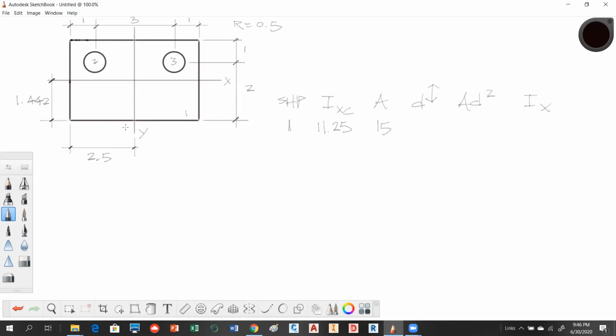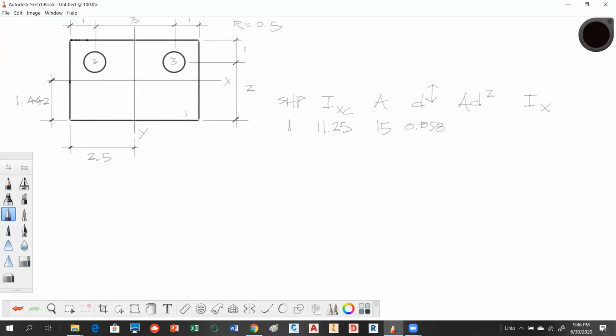The distance on this would be the distance between this axis and the axis of this guy. The axis coming this way would just be half of 3, so it's 1.5 up or 1.5 down. The difference between 1.5 and this would be our D value, and if we do the math, we get 0.058.